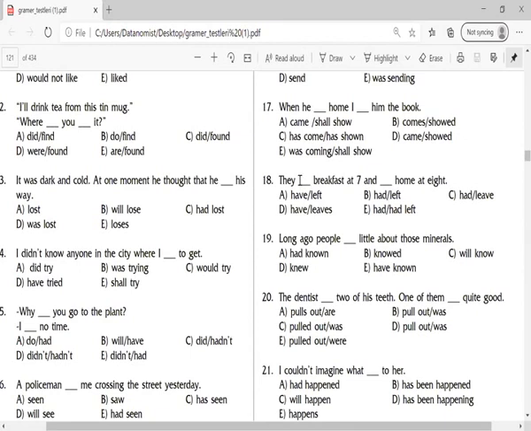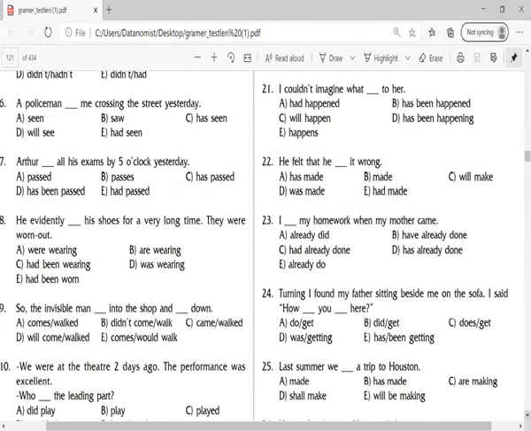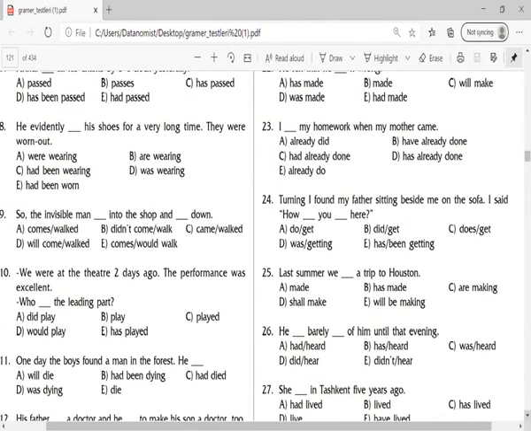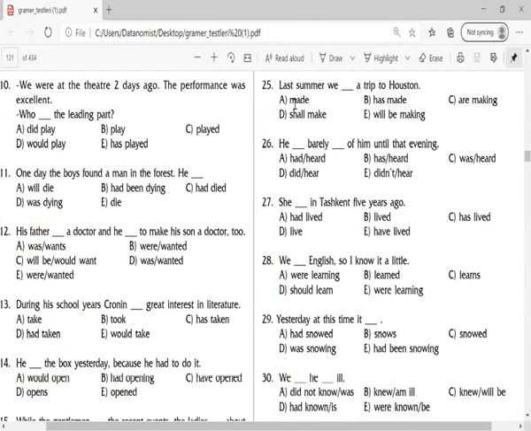So let me change this. They ate breakfast at 7 and left home at 8. It means my idea is similar. Remember this blindly. Whenever I use this, I have to use this. Okay. Yeah. See this 25th one. Last summer, we dash a trip to Houston. Last summer is a time. There is only one action.